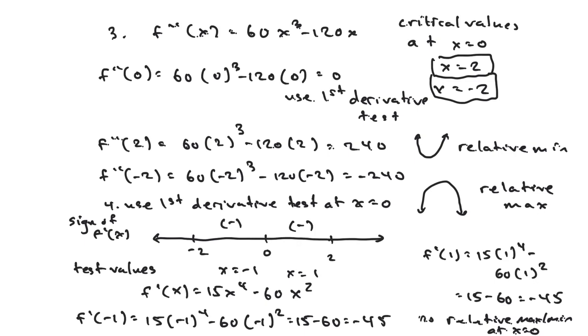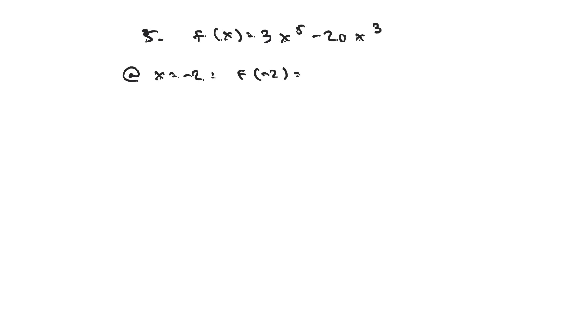For our original expression, f of x equals 3x to the 5th minus 20x cubed. At x equals negative 2, f of negative 2 equals 3 times negative 2 to the 5th minus 20 times negative 2 cubed, and this ends up giving me 64.